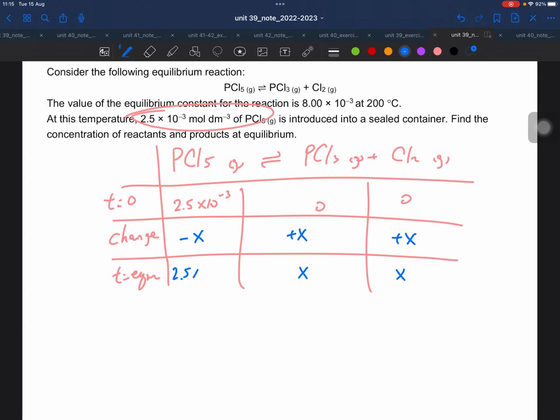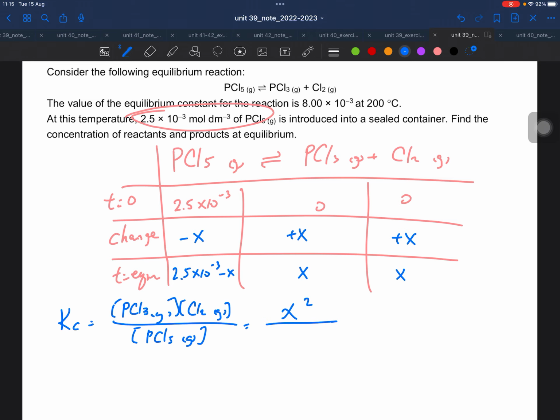So we can fill in this one at the first side. And here comes the expression of Kc, equals x squared over 5 times 10 to the minus 3 minus x. Quite complicated. You are given the value of Kc. It's time for you to use your calculator.